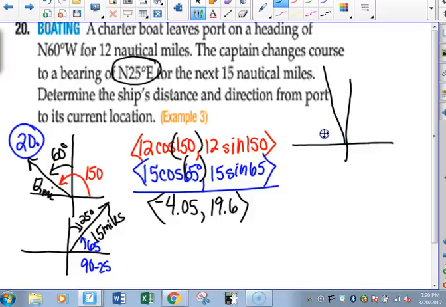Yeah, they wound up over here somewhere, okay? They're negative 4.05 and 19.6. So how far away are they having to go straight back is the question, okay? So we need the magnitude. And again, you're going to want to put the negative number in parentheses or just use 4.05. So using Pythagorean theorem, what do we come up with for the magnitude?